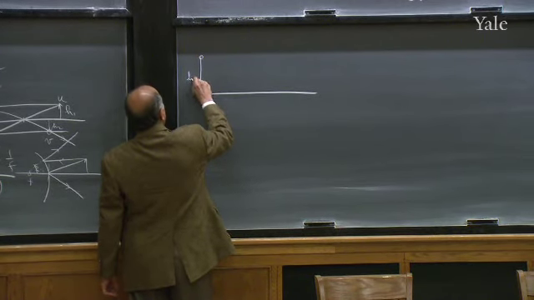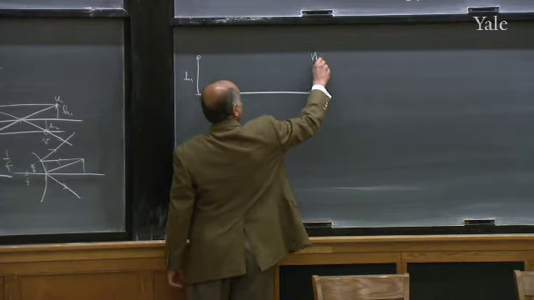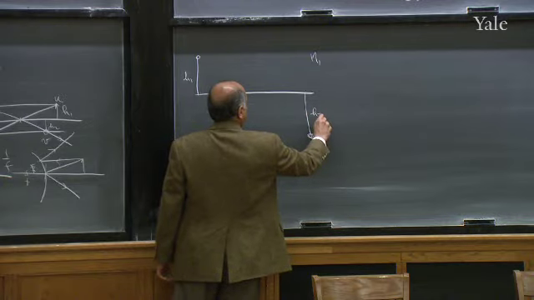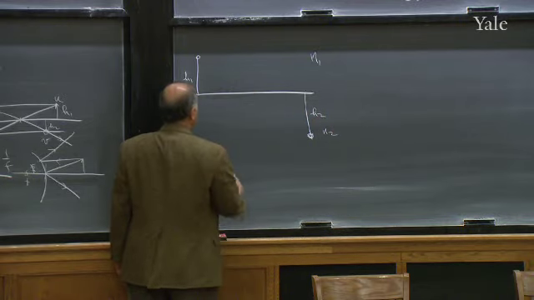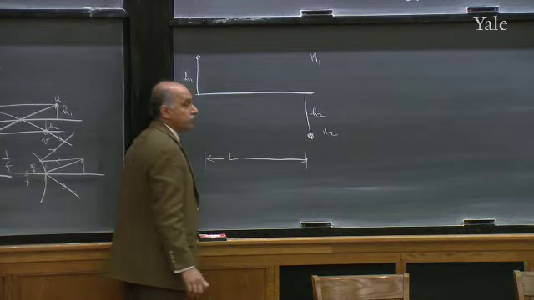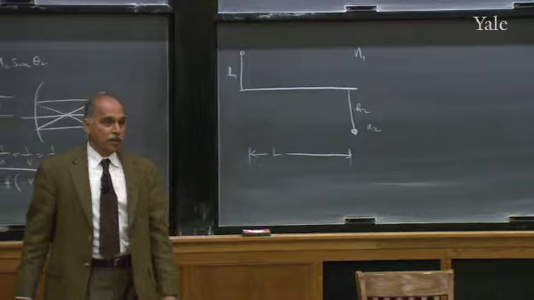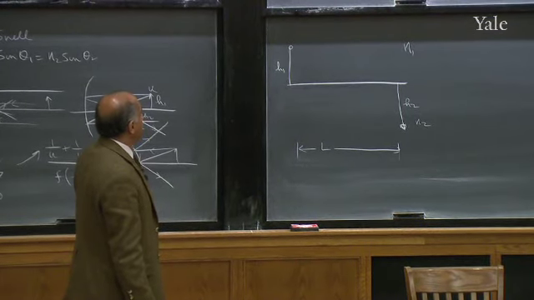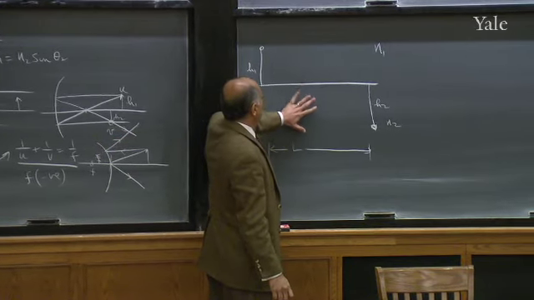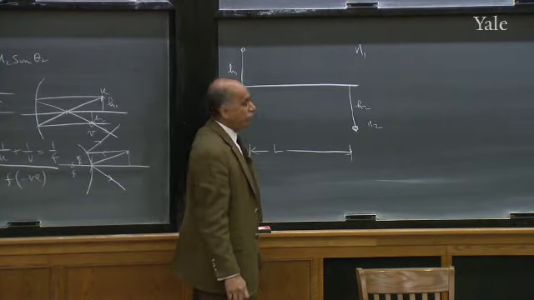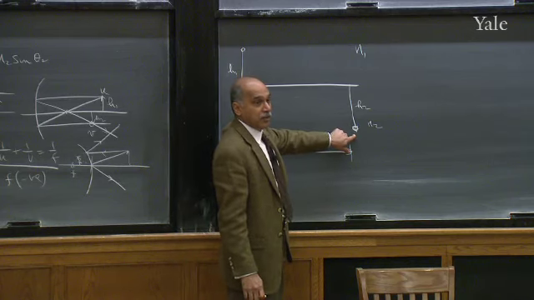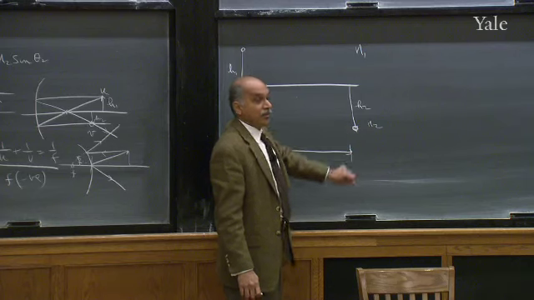So here is H1 in a medium with refractive index N1, and you want to go there in a medium with refractive index N2, and the distance between these points is L. So imagine you are the light ray, and this is the beach, and this is the ocean. Okay, you're the lifeguard, and here is the person asking for help. Now, how do you get there in the least amount of time?